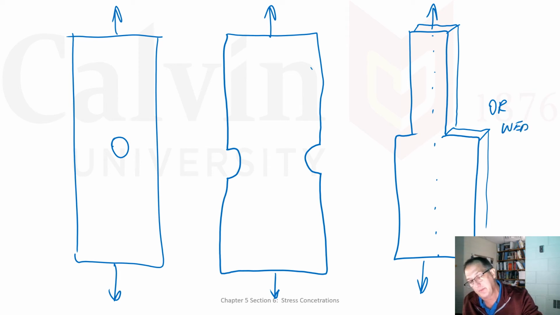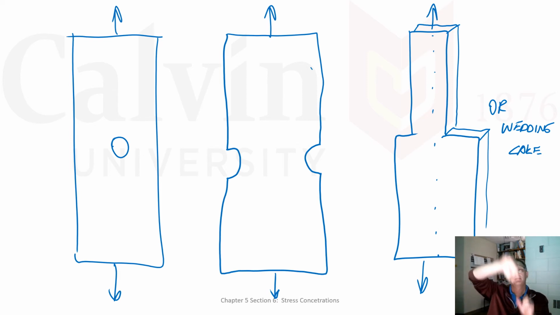And we have to be careful as we look in the book which plot they're presenting for us, because there are correction factors for both a two-dimensional plate, a 2.5-dimensional plate that's being pulled, or for a wedding cake that's being pulled. And so we need to understand those things.